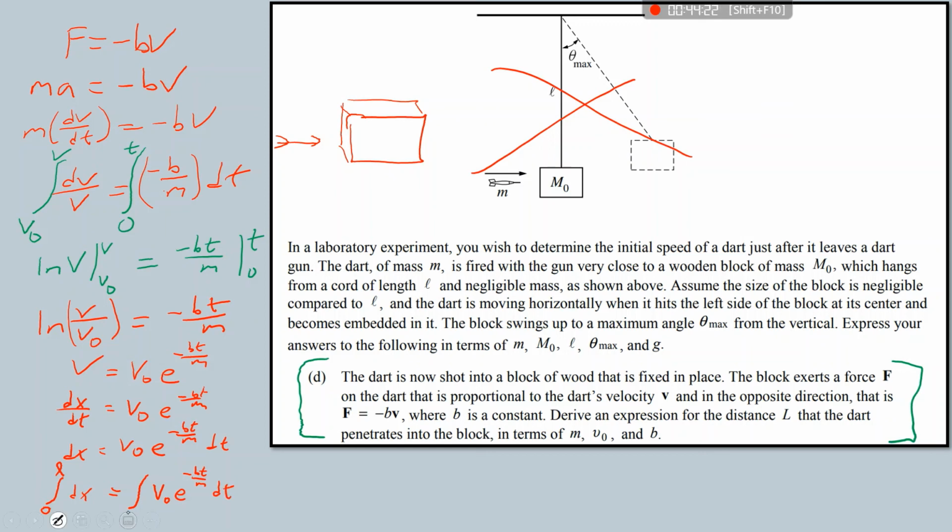Zero to some point? Infinity? What are we integrating in terms of on the right side? T. Time. So do I want time to go up forever? No, just some time.